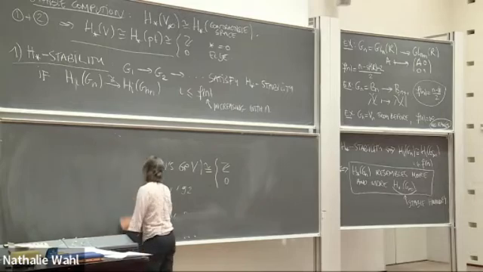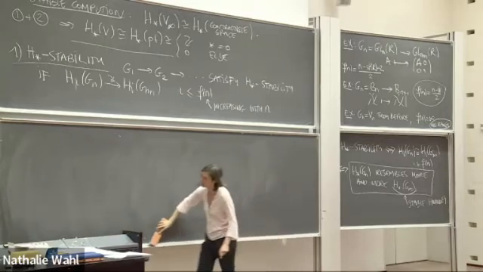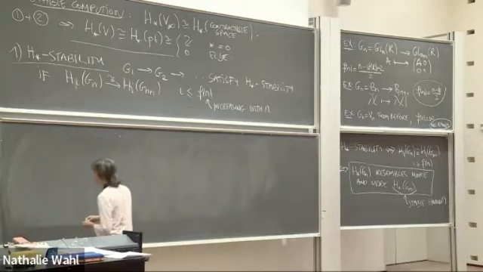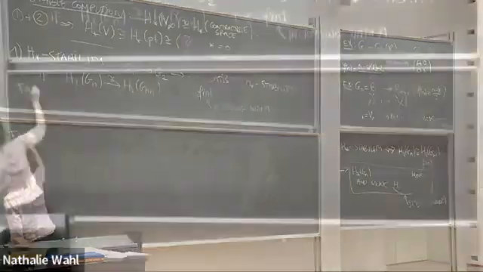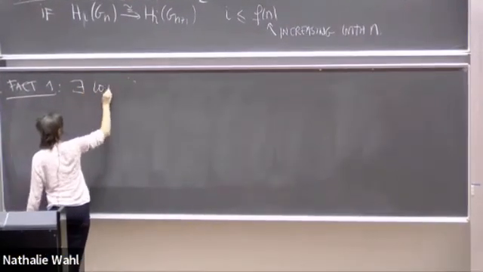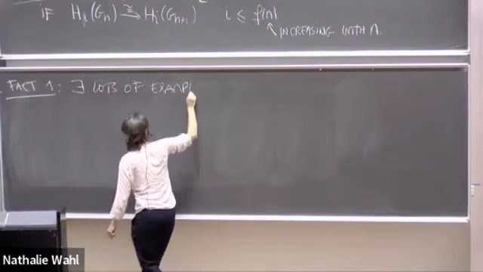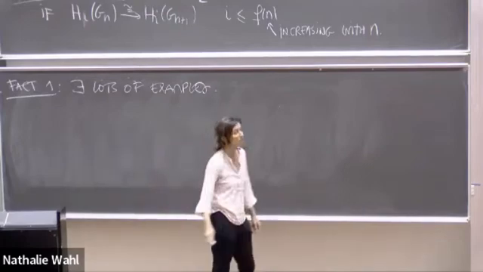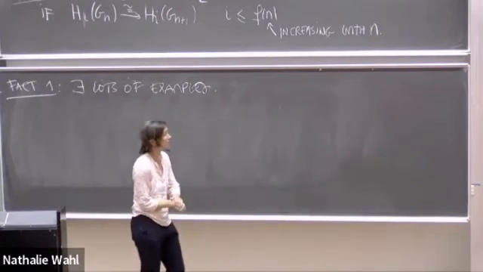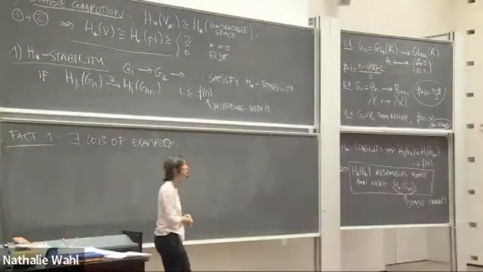So I want to state 3 facts about homological stability. The first one being that there are lots of examples. We have already seen a few: the general linear groups, the braid groups, these Thompson groups of some form that I will get back to.